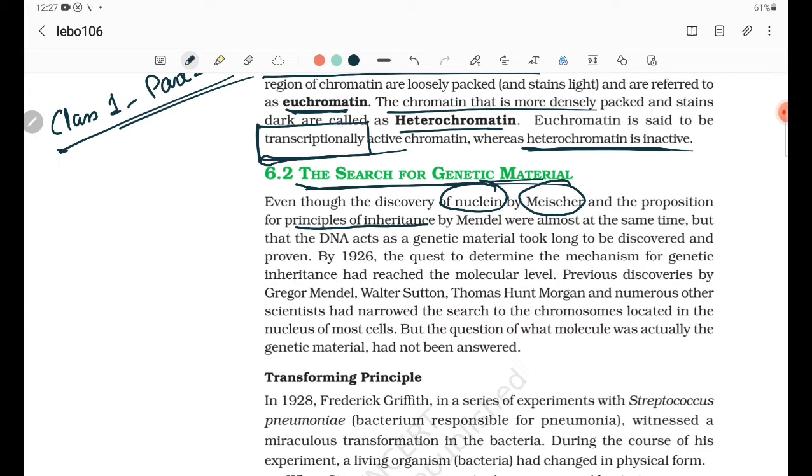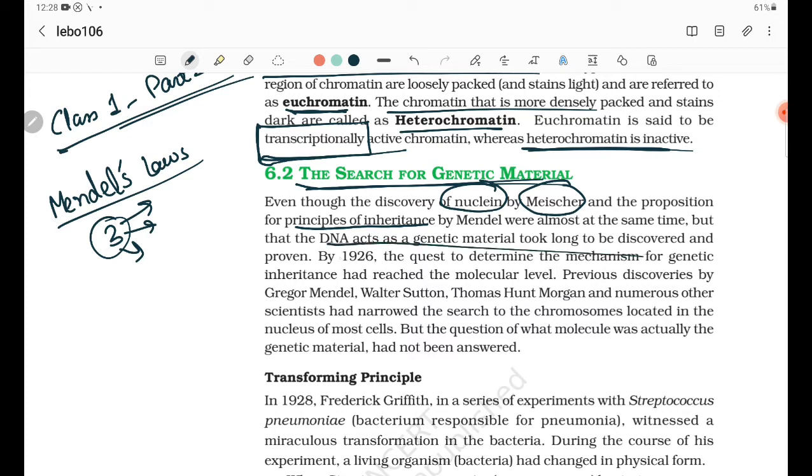You know that Mendel proposed Mendel's laws. There are three such laws: law of dominance, and so on, three laws which Mendel has given. So DNA acting as genetic material took very long to be discovered.